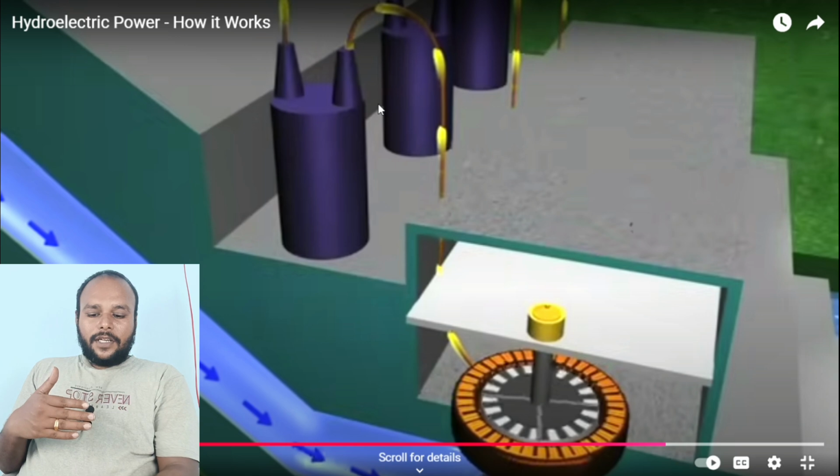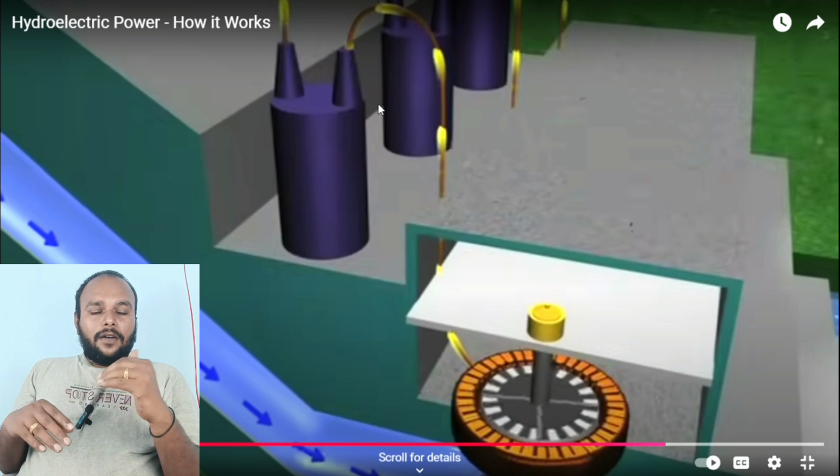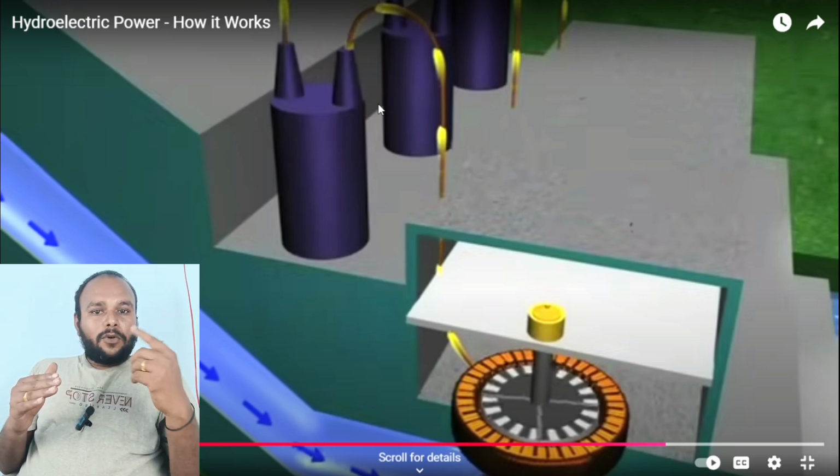Here the armature core windings are present on the stator. The rotor is wound with the field winding, so the rotor produces the magnetic field.